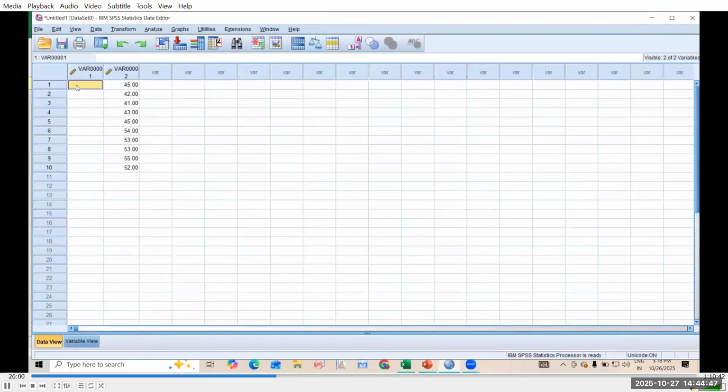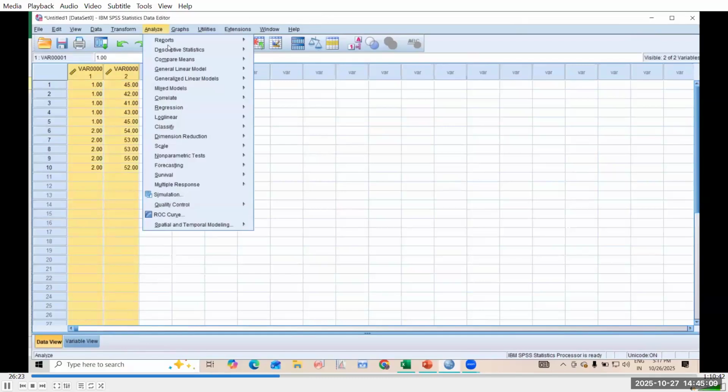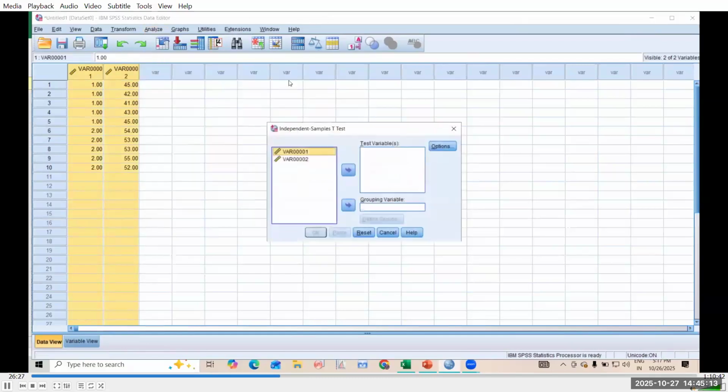Here we have to put one variety as 1 and the second variety as 2. Let's go to Analyze, Compare Means, then independent sample t-test.